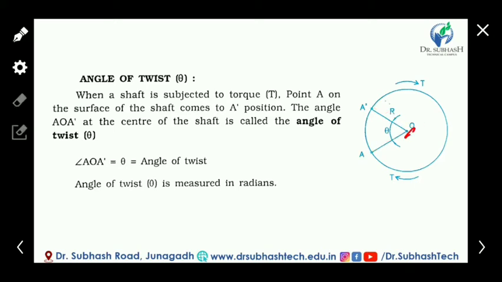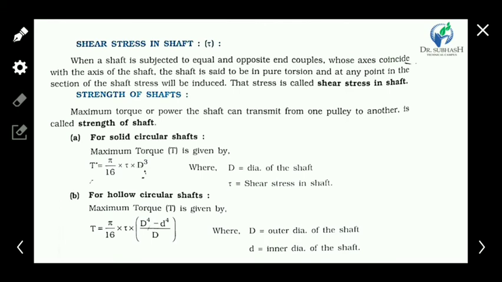O is the center point. This angle AOA dash is called the angle of twist or twisting angle, defined by theta. It is measured in radians. Clear?